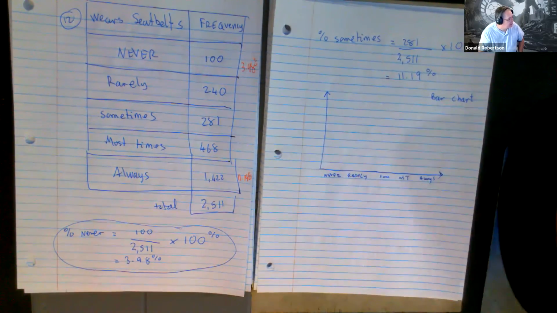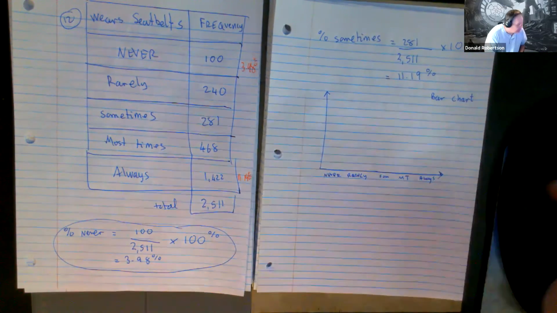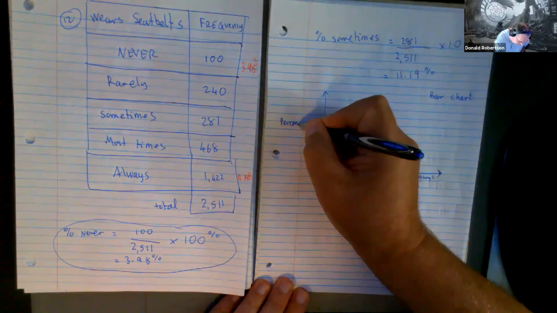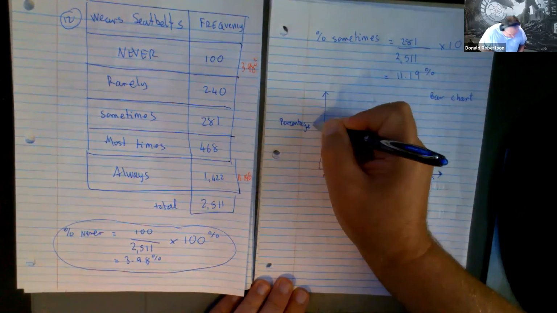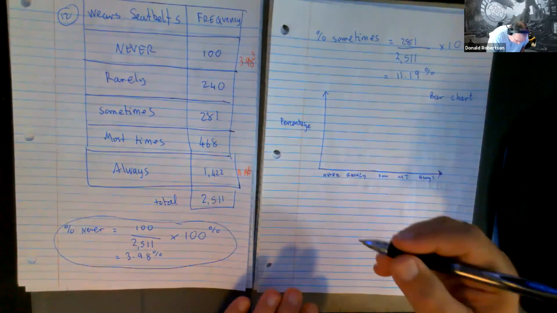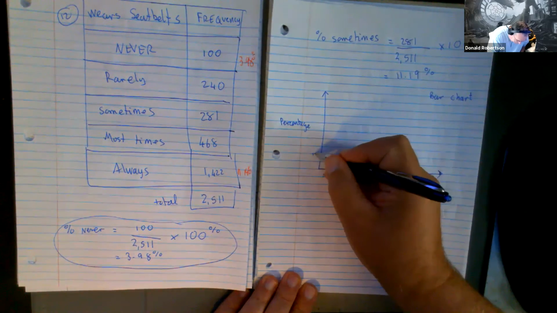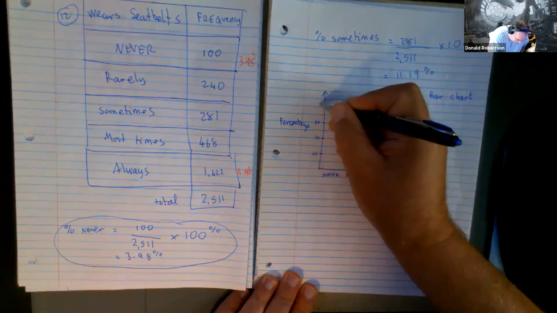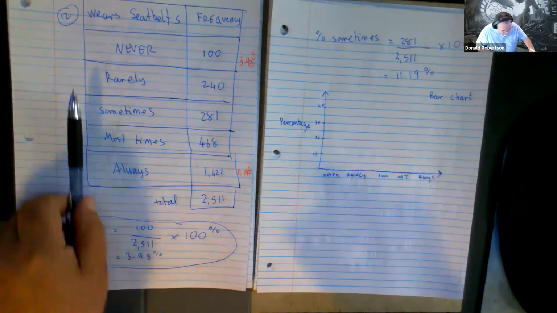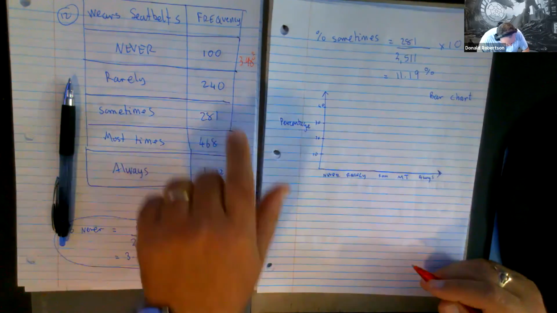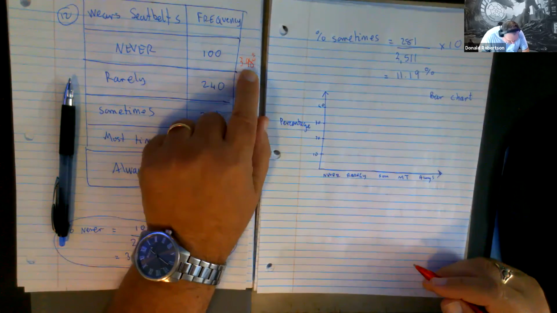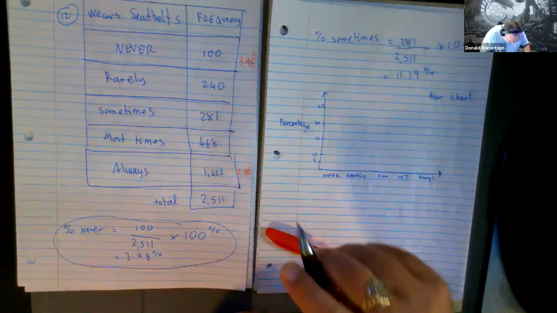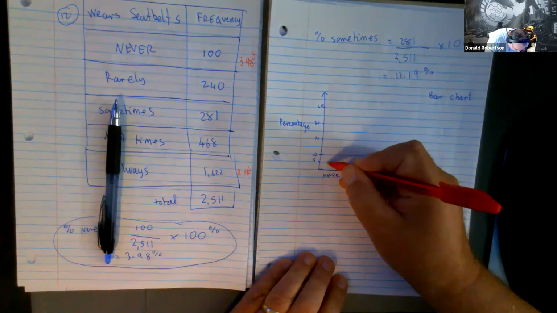Then your vertical scale, in this particular case, is going to be percentages, and you have some kind of scale. It might be 5, 10, 15, 20, 25, 30, 35, 40. I've only got a couple of the numbers. So the never was 3.98. If you think about that as 5, 3.98 is probably about here.